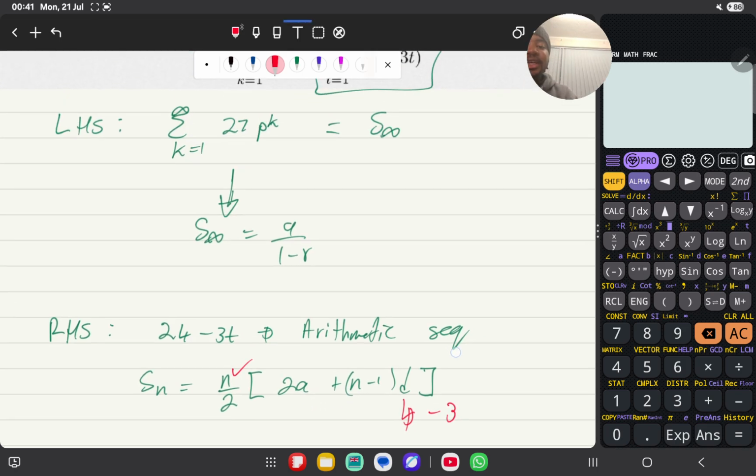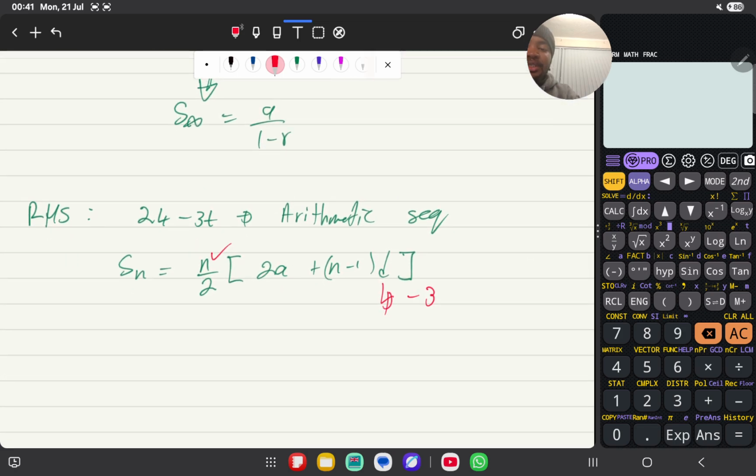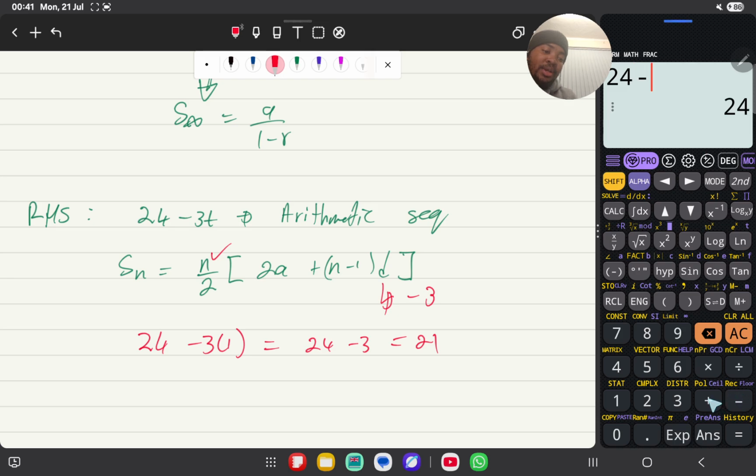So now I just need to find a. To find a, I'll just say 24 minus 3 times 1, that is 24 minus 3, 21. So let me say that equals a.